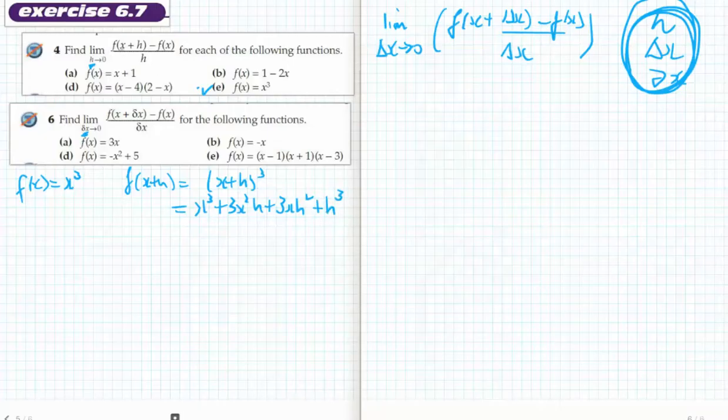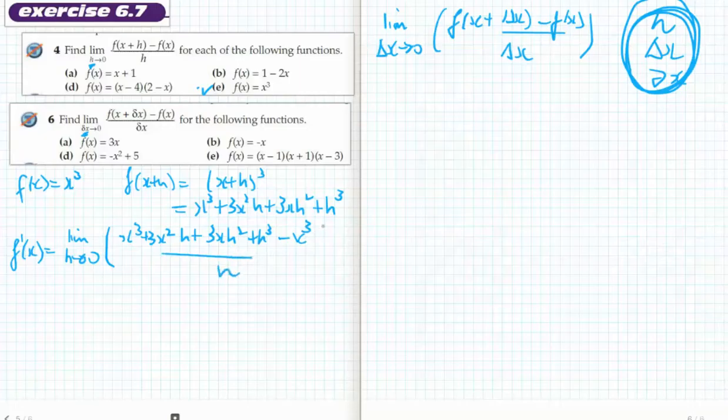To find the gradient function, f dash of x will equal the limit as h approaches 0 of f of x plus h, which is x cubed plus 3x squared h plus 3xh squared plus h cubed, minus f of x, which is x cubed, all over h.